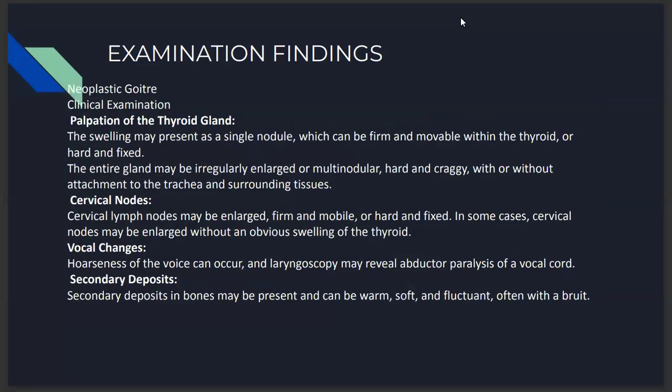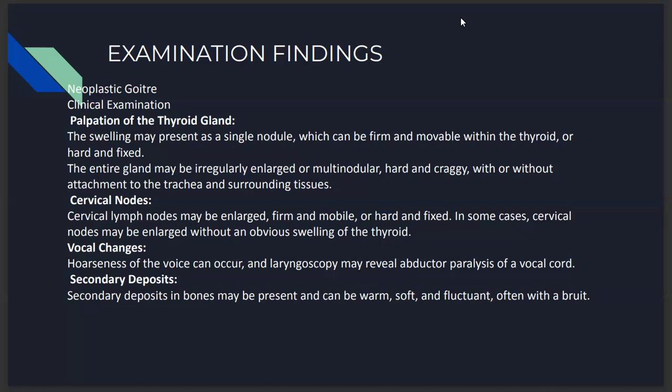Neoplastic goiter, clinical examination, palpation of the thyroid. The swelling may present as a single nodule, which can be firm and movable within the thyroid or hard and fixed. The entire gland may be irregularly enlarged or multinodular, hard and craggy, with or without attachment to the trachea and surrounding tissues. Cervical nodes may be enlarged, firm and mobile, or hard and fixed.